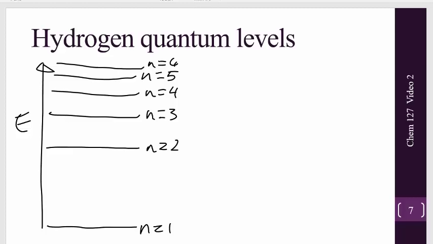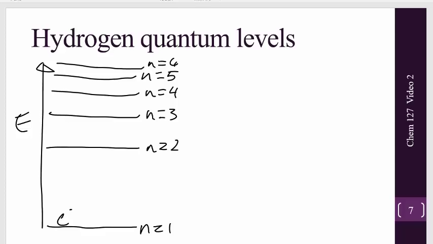So these are the different possible energy levels for hydrogen, and I've drawn them relative to each other. So you can see there's a big gap between the ground state, n equals 1, and the next highest state, n equals 2, and then the difference between the energy levels gets smaller and smaller as you go up to the different quantum levels. So here, let's say we have an electron that's starting in the ground state. So it can absorb as much energy as is provided to get it to some other quantum state.